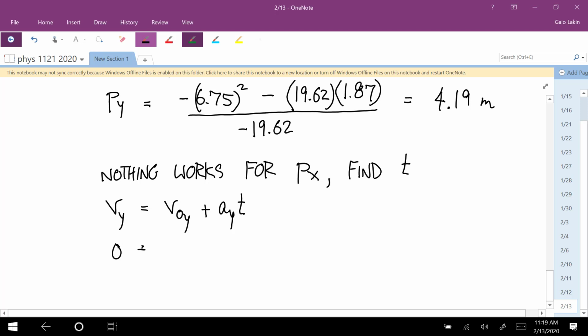So 0 is equal to 6.75 minus 9.81 t. And so t is 6.75 divided by 9.81. What do you get for that? 0.69.